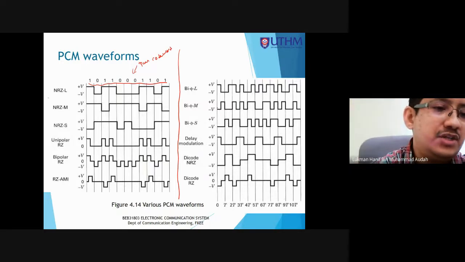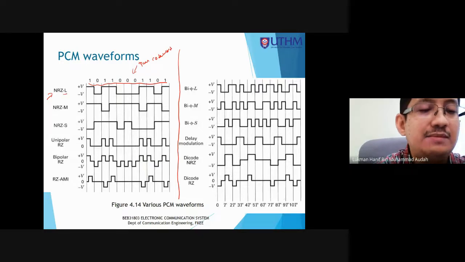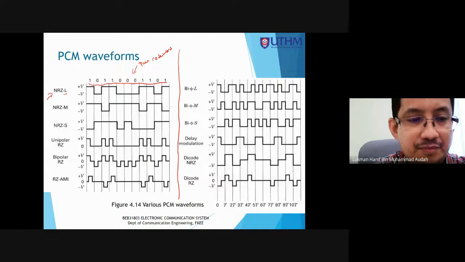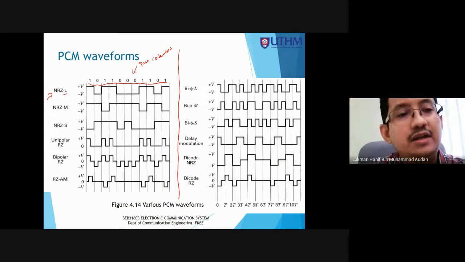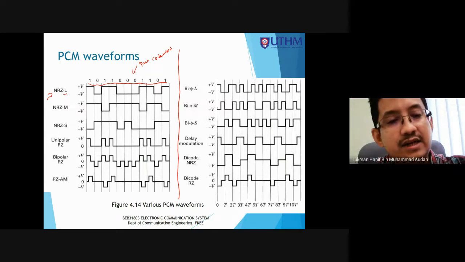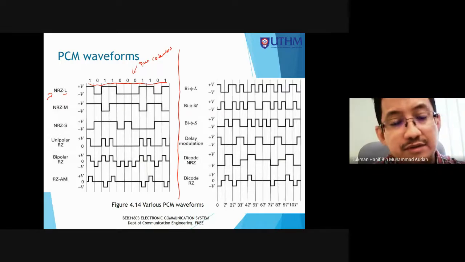So yang pertama di sini ada ditunjukkan di sini adalah non-return to zero L. L means level. Okay, so untuk non-return to zero, perkataan non-return to zero means that waveform pulses yang dihasilkan tidak kembali kepada 0 volt. Non-return. Okay, dia tidak kembali kepada 0 volt.